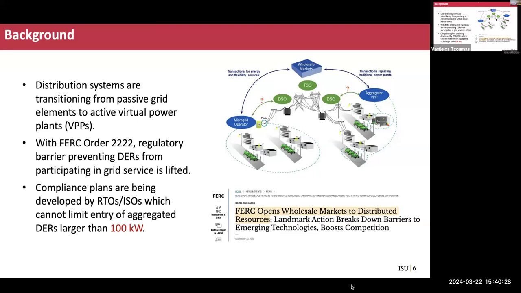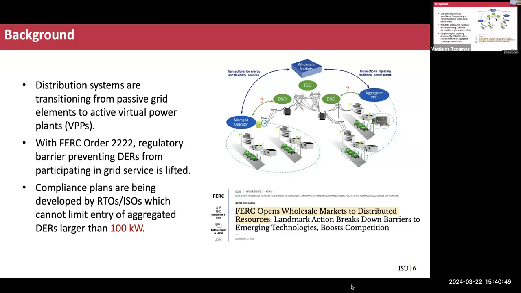The compliance plan that those ISOs have to come up with in the first order requires that aggregated DERs, or even a single DER larger than 100 kilowatts, cannot be barred from integration into the system.